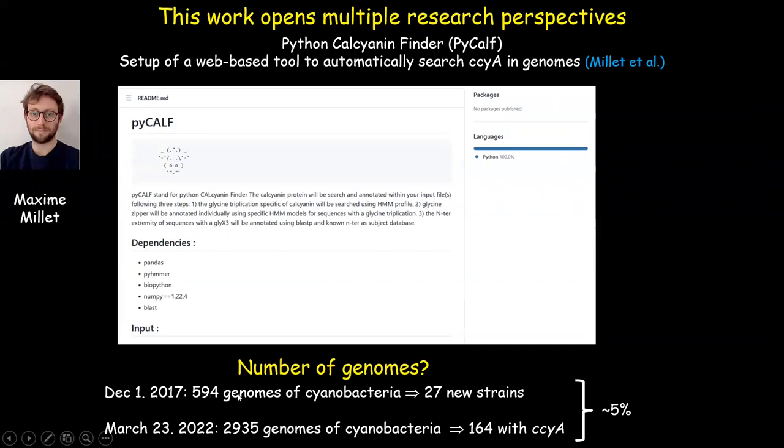We had 600 genomes. Last March, we had 3,000 genomes of cyanobacteria. And now we have, I don't know what is the latest number, Maxime, maybe you can tell me, but right now my latest number is 164 strains with calcyanine. It's a bit more, probably, but okay.